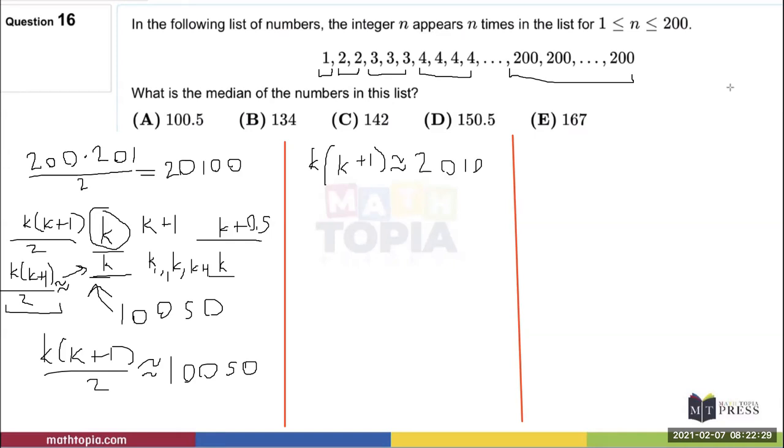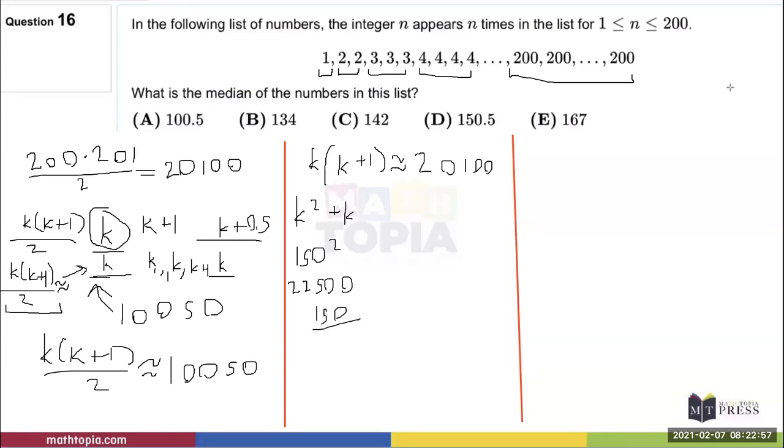20,100, right? So now, here's what I'm thinking. Once again, we can use the exact same strategy we just used. Notice that this is equal to k squared plus k, right? But as k gets to such big numbers, around 150-ish, 150 squared is going to be 225 times 100, right? Meanwhile, k is just going to be 150.